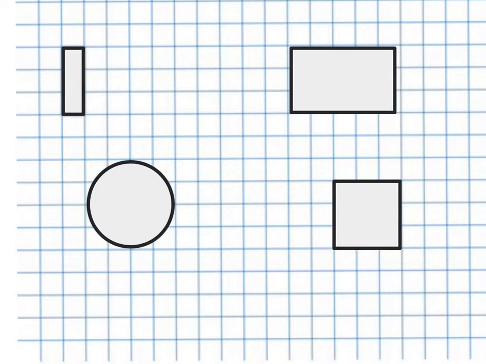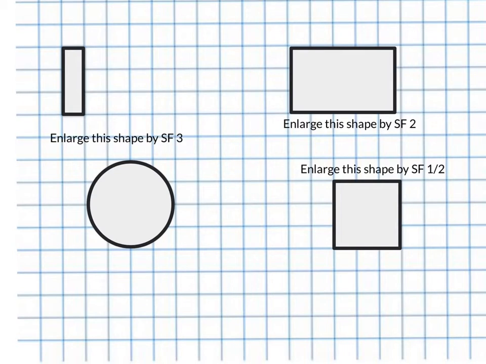Okay, so questions wise, I'd like you to have a look at each of the shapes. For question 1, with this shape just here, I'd like you to tell me, when we enlarge this shape by scale factor 3, can you tell me the new height and the new width, please?